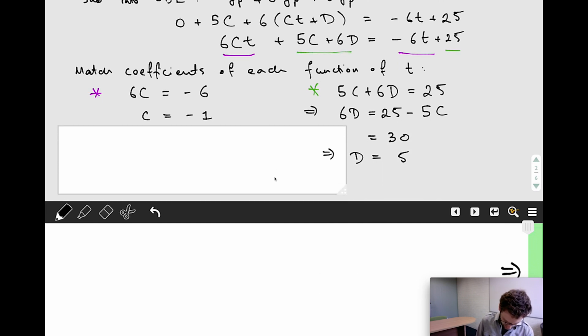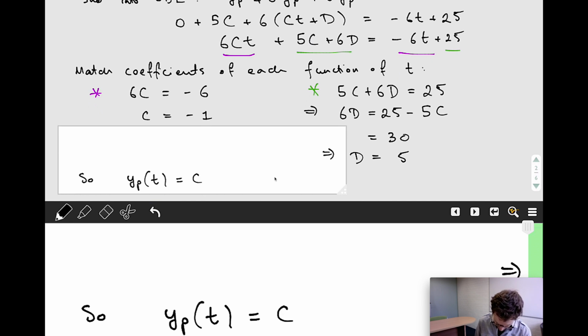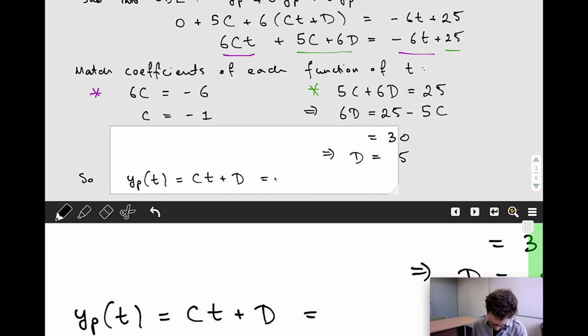So what I found is that my particular solution, we said that was c times t plus d, is equal to minus 1 times t plus 5. That is the form of the solution that correctly balances or satisfies my non-homogeneous ordinary differential equation.